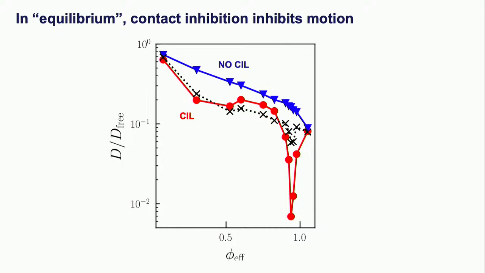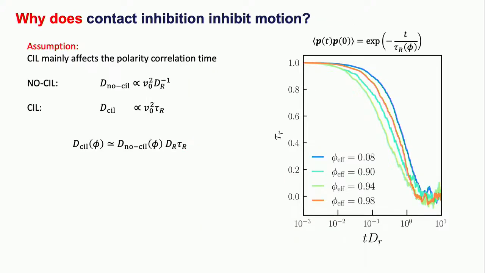Can we understand how to model this? The main assumption is that when you have contact inhibition, a cell is experiencing a contact and is turning. So contact inhibition is changing the rotational diffusivity. If you only assume this, without any change in the structure, then you can measure the typical decorrelation time for the polarity.